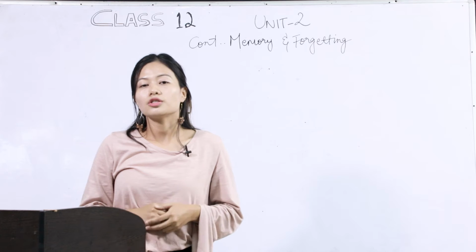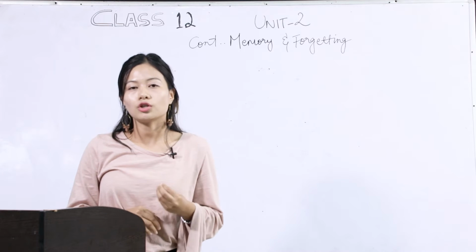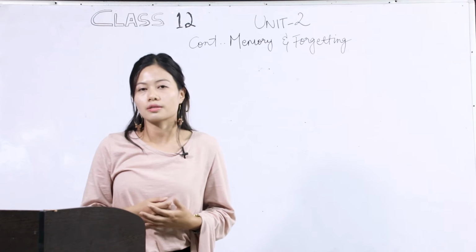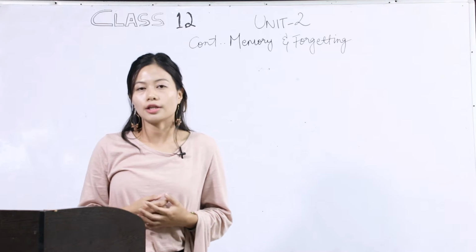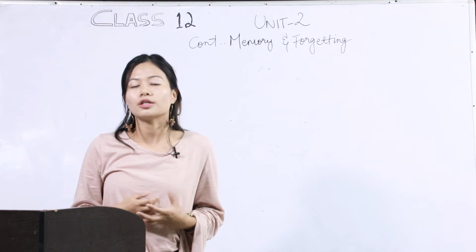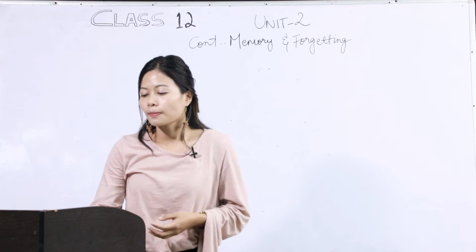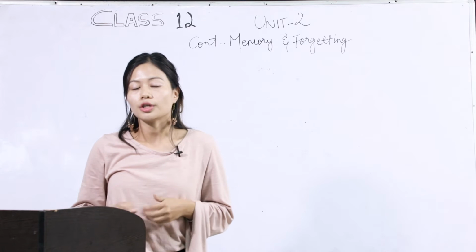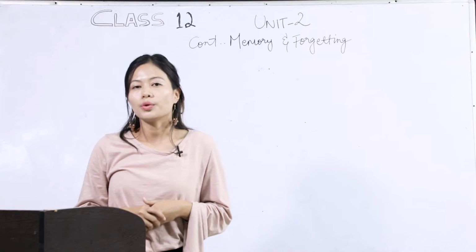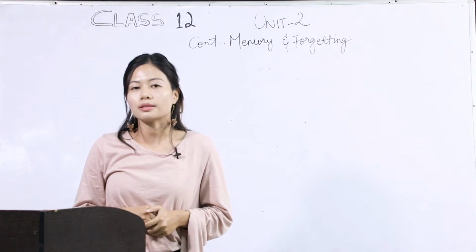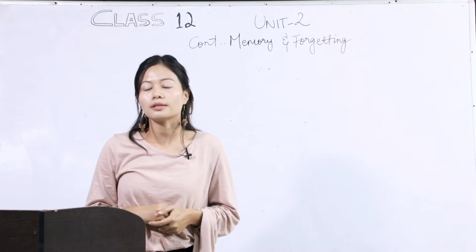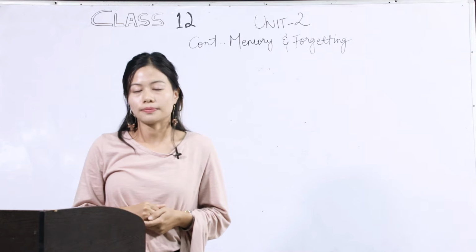Now, using mnemonic images is a visual image that we create ourselves, in our own understanding, in order to make something easier to remember. Under this visual imagery, we have discussed two methods, that is the keyword method and the method of loci.